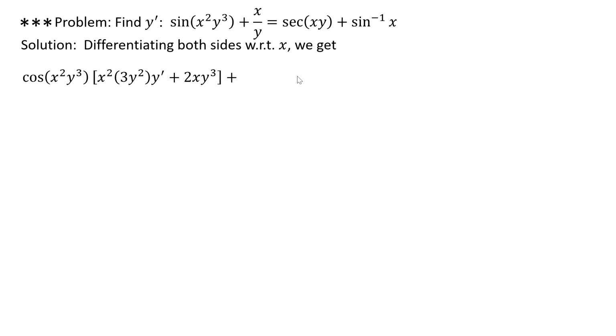That means the low, the denominator, times d high, the derivative of the numerator, minus high d low, the numerator times the derivative of the denominator, over low low, that means the square of the denominator. Cool? So let's apply that. Low is y, times d high, the derivative of x, is 1. So y times 1.